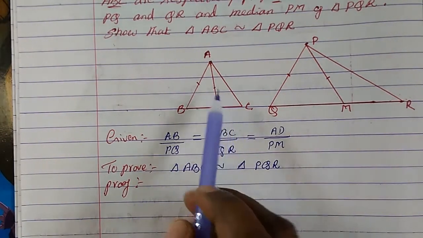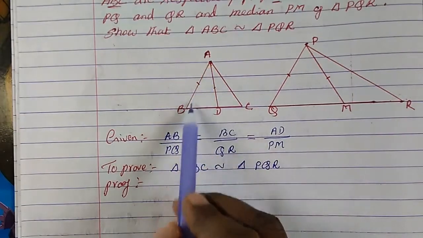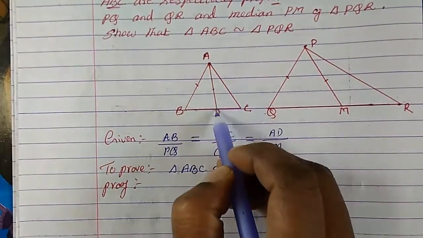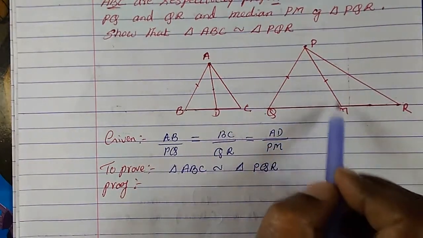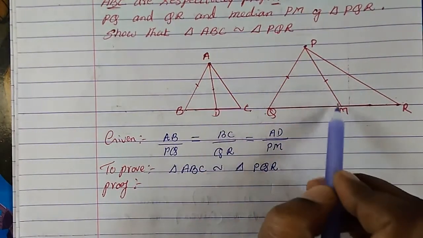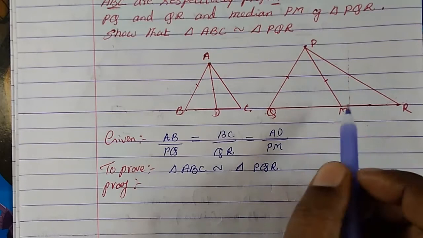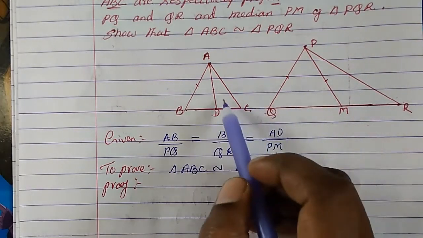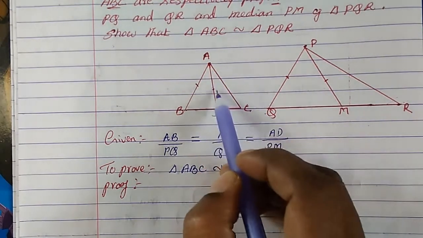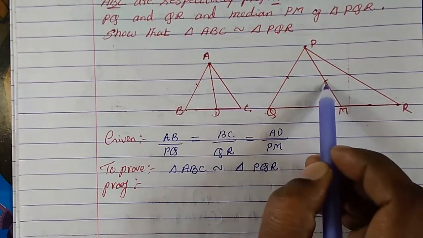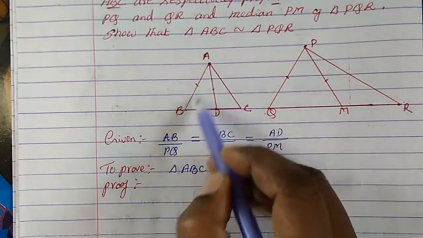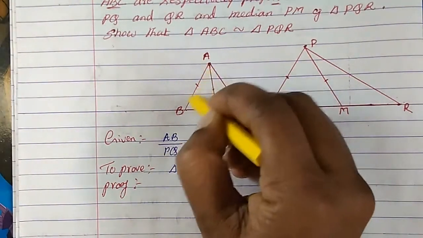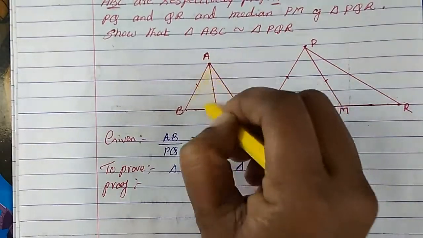So first we will take, since here it is given to us, AB is proportional to PQ and AD upon PM is proportional, both the median. So what is given only we will take, since both the sides are proportional, so we will take this triangle first.